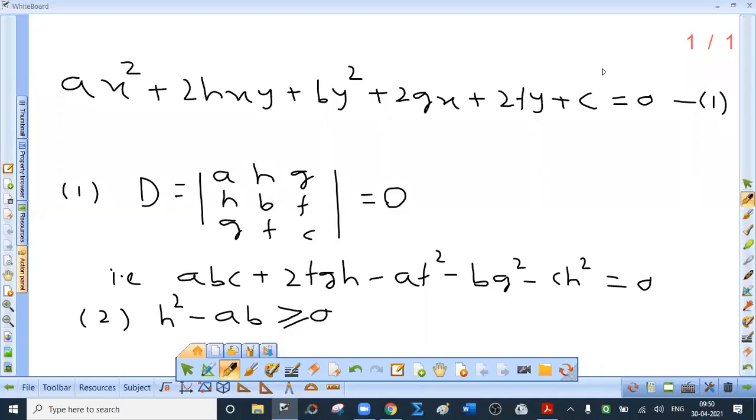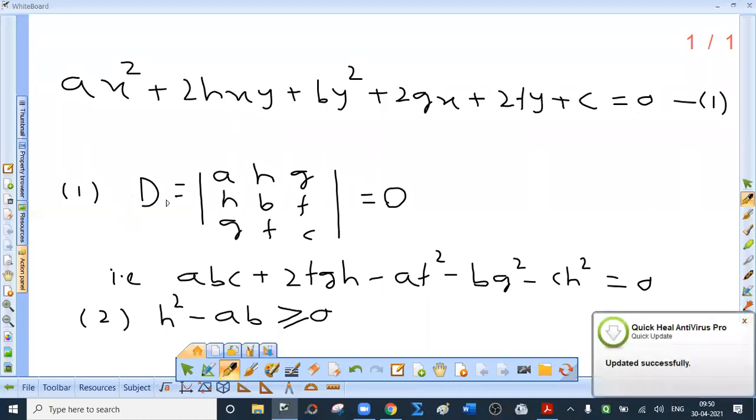Now, the next part is important. As I said, what are the criteria for that equation to represent a pair of lines? Okay. Now, listen to me carefully. The conditions that the equation ax square plus 2hxy plus by square plus 2gx plus 2fy plus c equal to 0 should represent a pair of lines are: first condition, determinant with first row a, h, g, second row h, b, f, third row g, f, c.